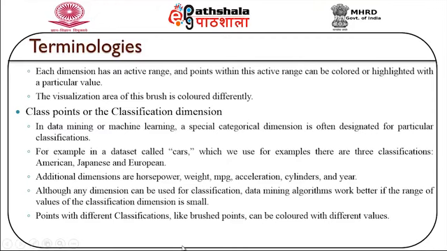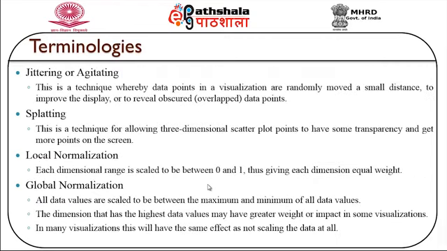Additional dimensions are horsepower, weight, MPG, acceleration, cylinders and so on. Although any dimension can be used for classification, data mining algorithms work better if the range of values of the classification dimension is small. Points with different classification, like brushed points, can be colored with different values.